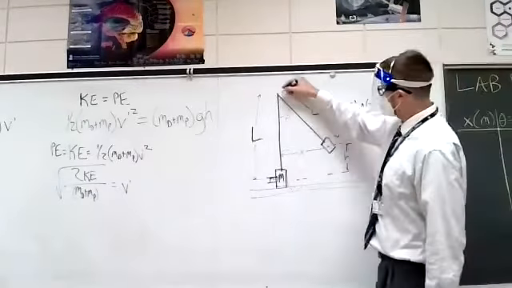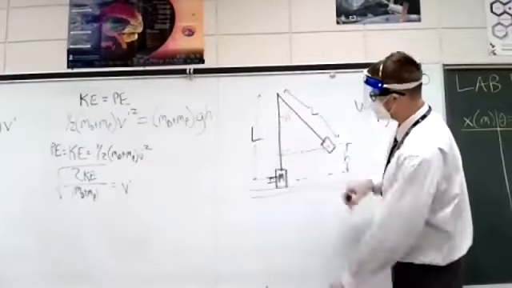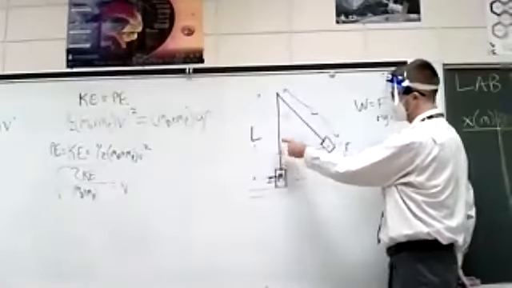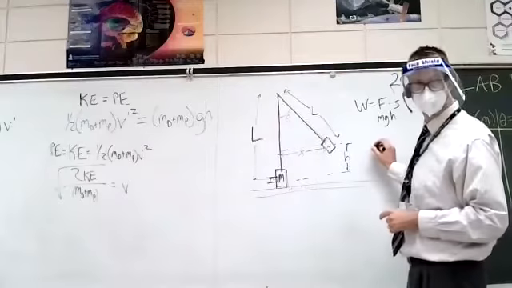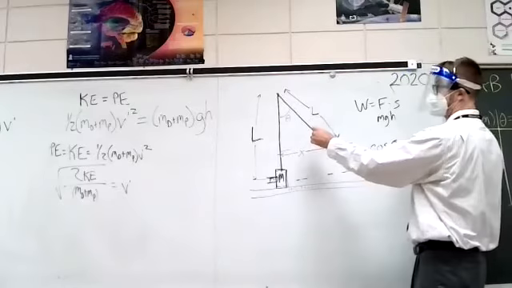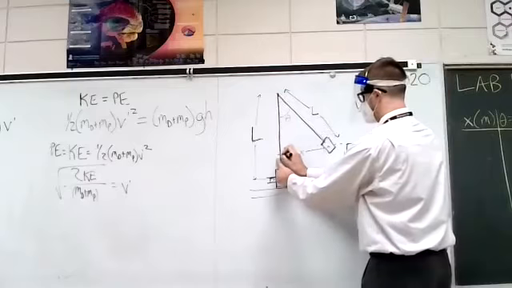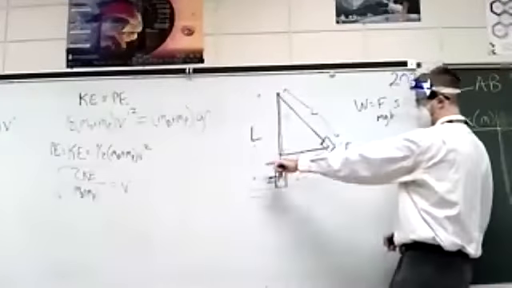Now we can see that this component, like from here to here, is L cosine theta. We took the cosine of this angle. The cosine of theta equals adjacent over hypotenuse. So now I'm talking about this triangle right here. Okay? Because that's where the pendulum sort of goes.